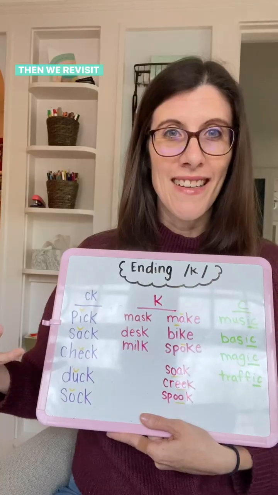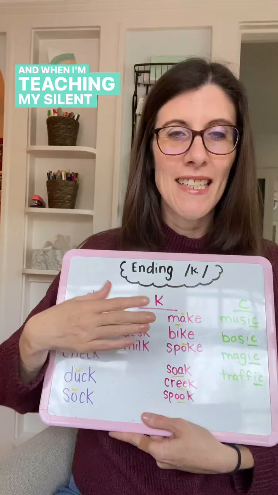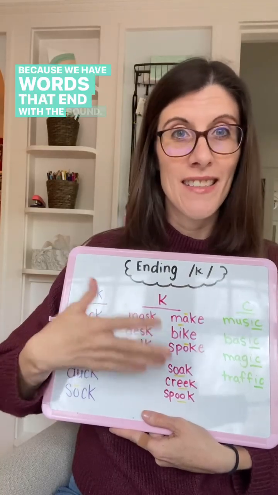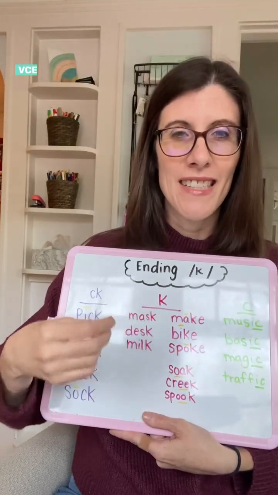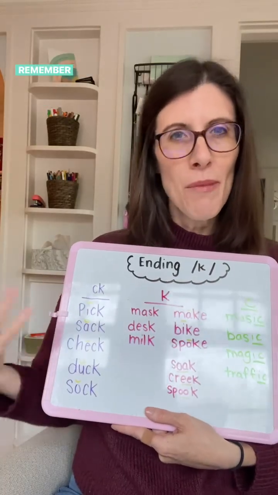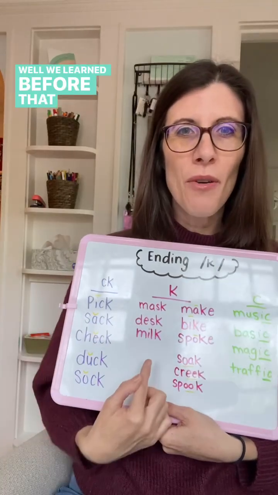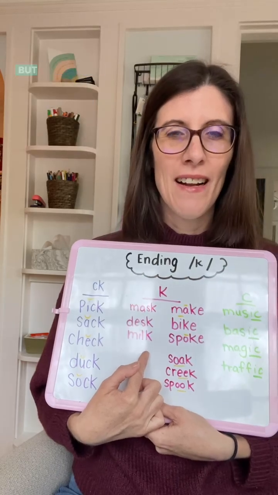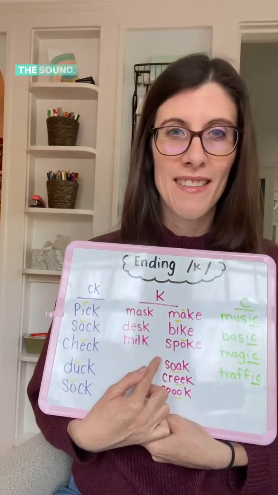Then we revisit it when I'm teaching my silent E unit. When I'm teaching my silent E unit, it comes up again because we have words that end with the k sound, and they have an E at the end, but that's more because of that VCE rule. So I want to bring up the rule again, remind them, remember when we were talking about CK versus K? Well, we learned before that, if there's a consonant before that k sound, we use K. But we also are going to use K if there's a long vowel before the k sound.